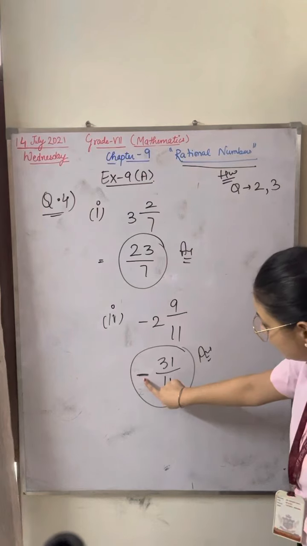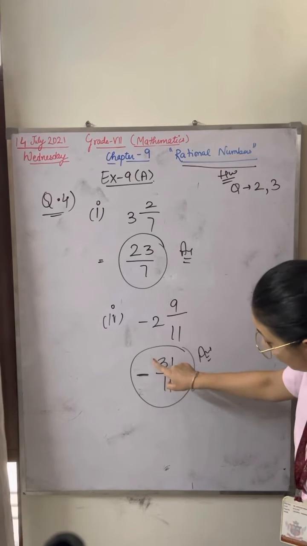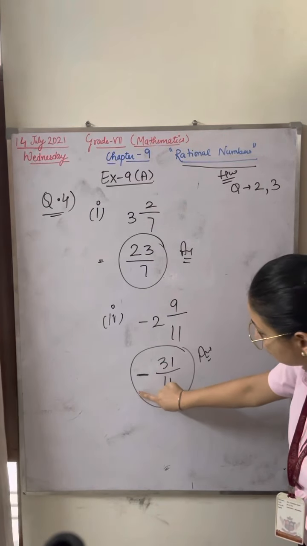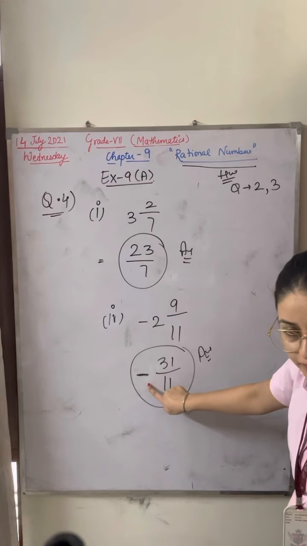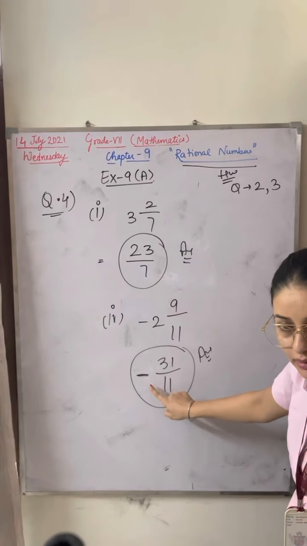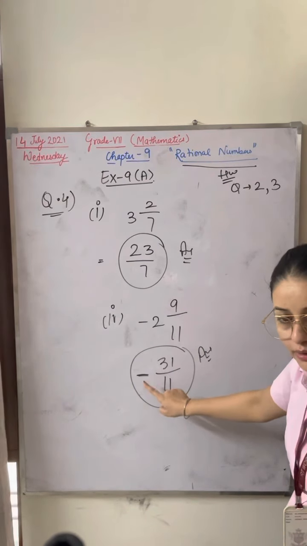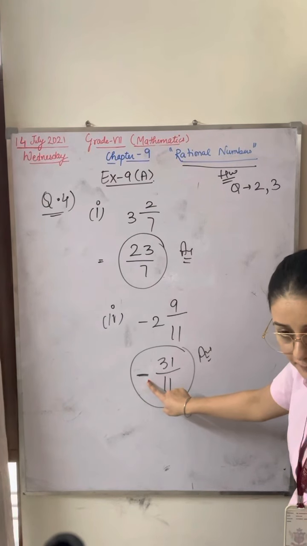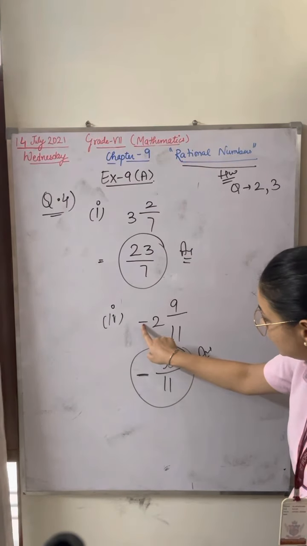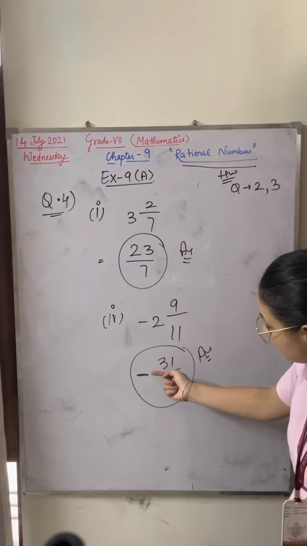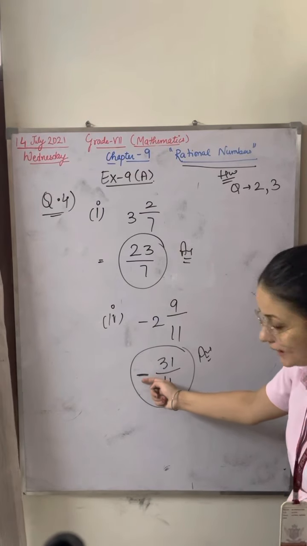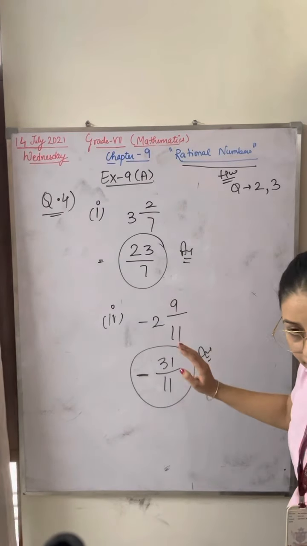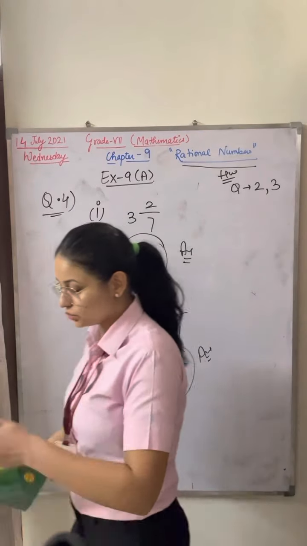You can write the minus sign in front of the numerator, or in front of the denominator, or in the center. That is absolutely correct. This minus sign is common for both. Okay? Now let's start with the next question.